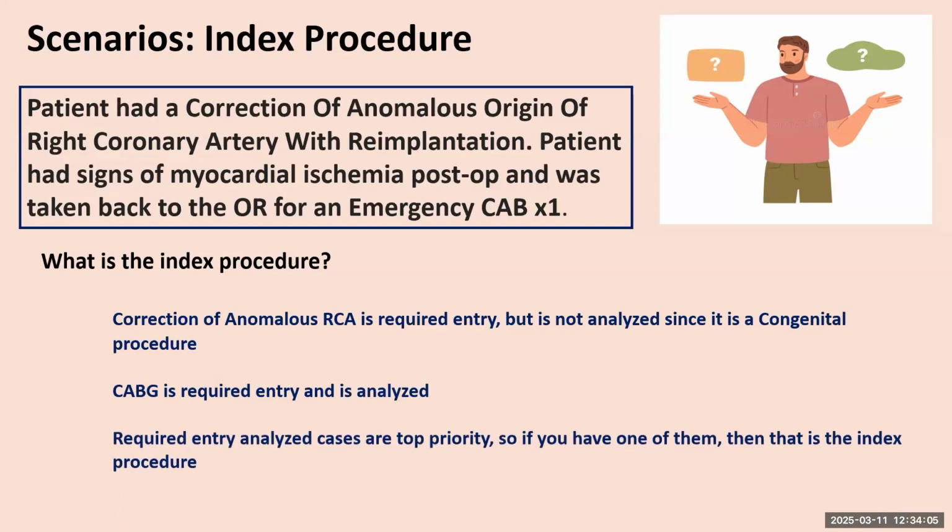So again, the required entry analyzed cases are your top priority. If you got one of them, that's your index procedure. And we do have one. We have the CABG. So the CABG in this situation is the index procedure. It would be an emergency CABG. That would be your index procedure.